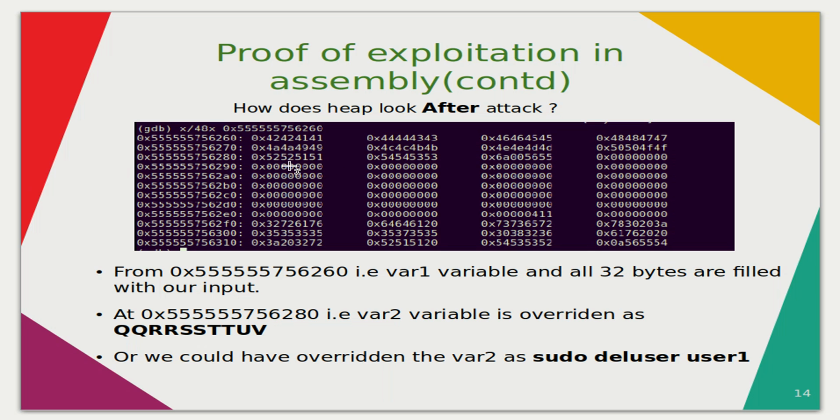51 is for Q, 52 for R, 53 for S, likewise. Now we have clearly seen that variable2 has been overwritten by the content of variable1's overflow. This is because we have given input of more length than we have assigned to variable1.